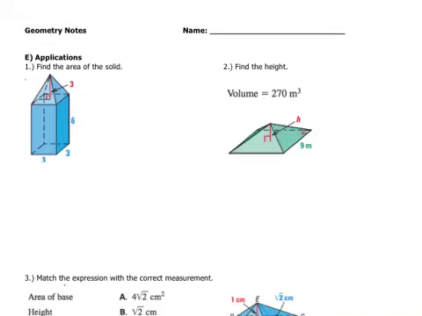I am going to have you guys work through these with your tables. Okay? The first one, I do want to point out, make sure that you are looking at finding the surface area of the solid, not the volume. So think about some things that you need to consider there. Number 2, you are finding the missing height given the volume.